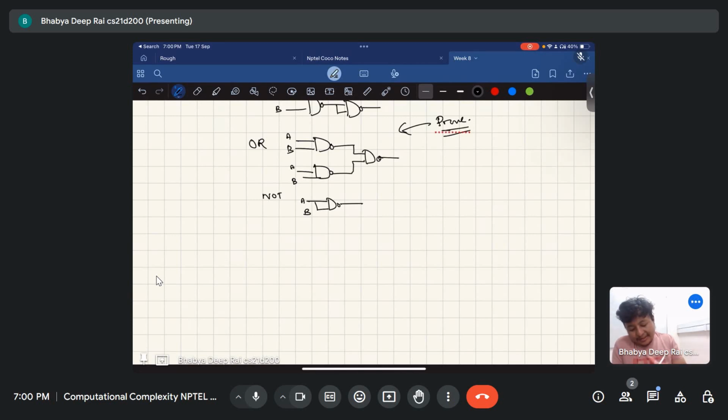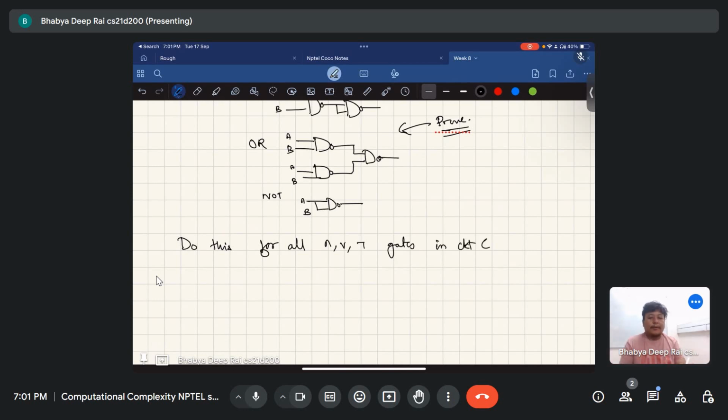And the question is, what is the depth blow up? What is the size blow up first? So if you do this for all AND, OR, NOT gates in circuit C, suppose you do that, then what is the size blow up?